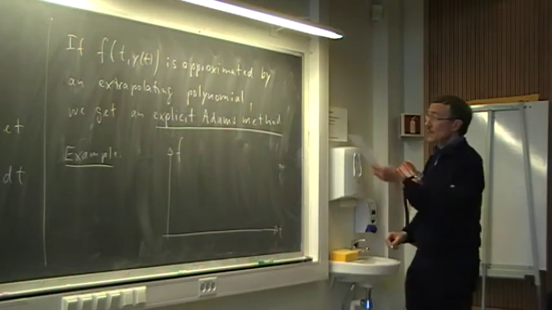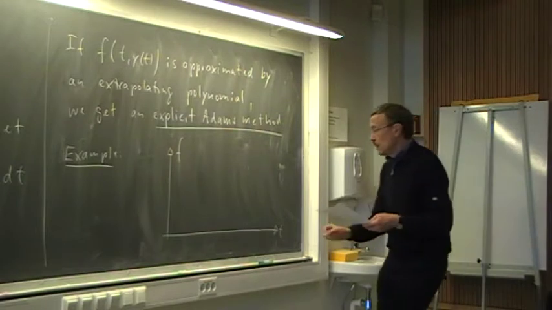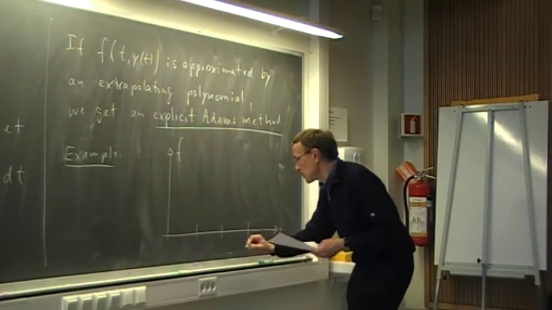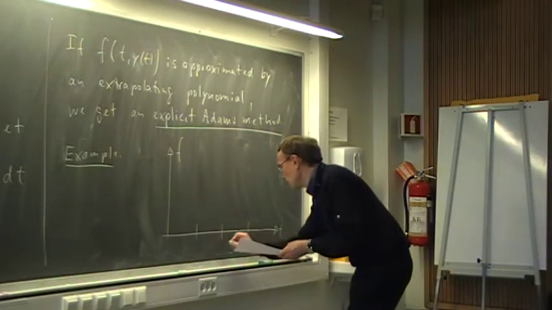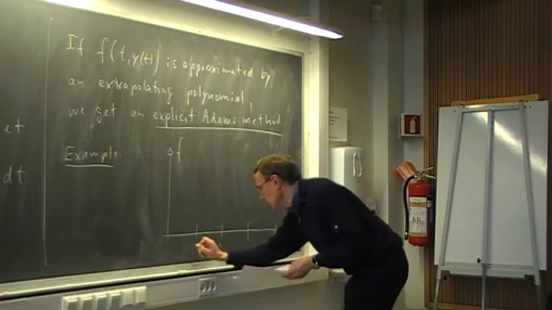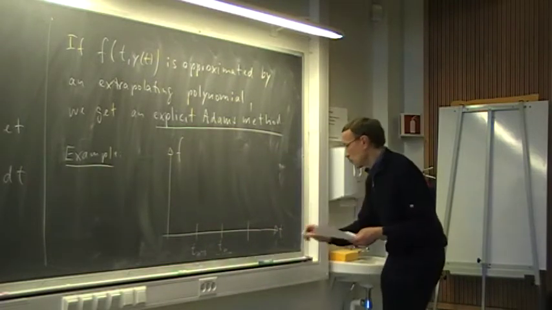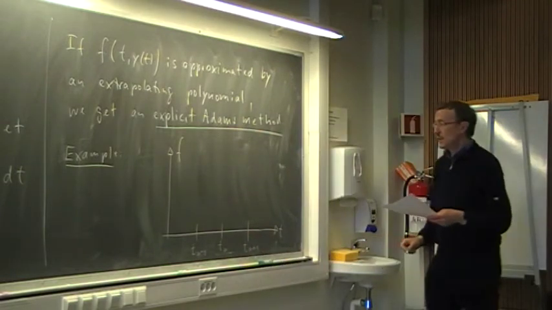Actually, it's f of t, y of t. We imagine that we have a couple of time steps, and that we are at time level tn, and then we assume that we have also time level tn minus 1, and we want to determine what is going on at tn plus 1.